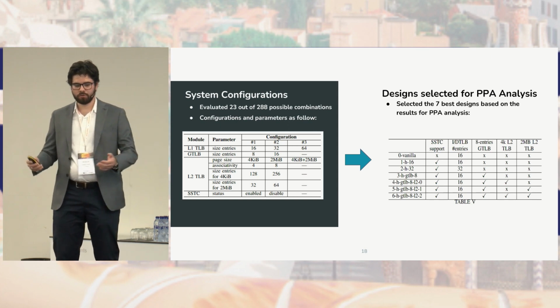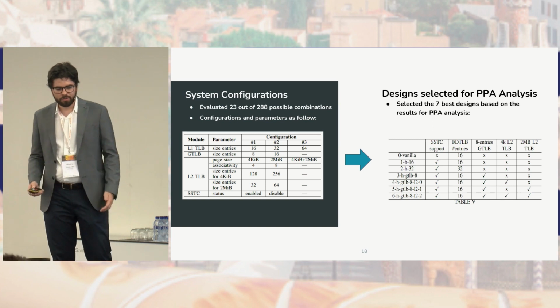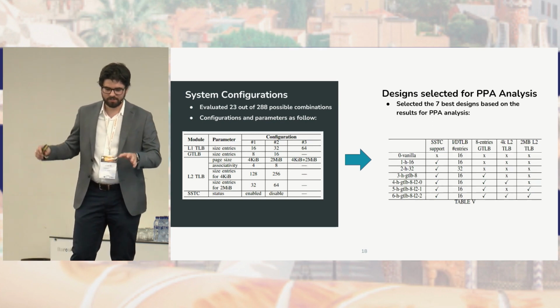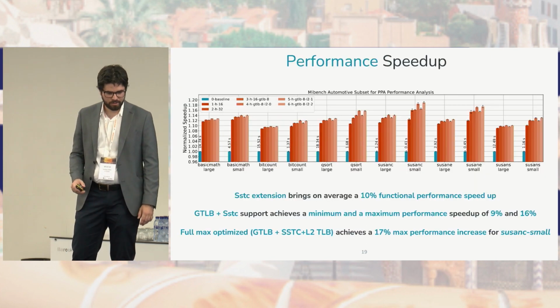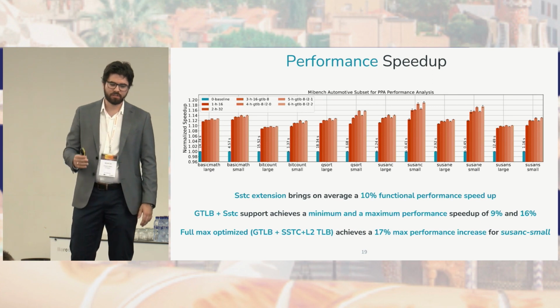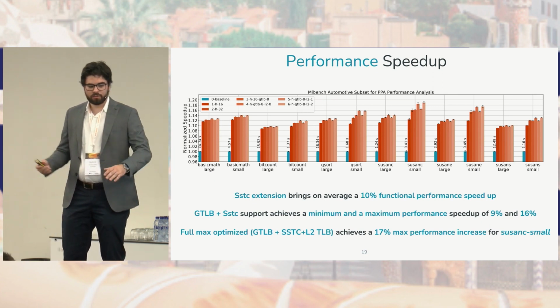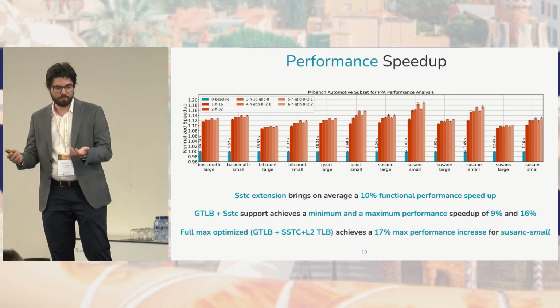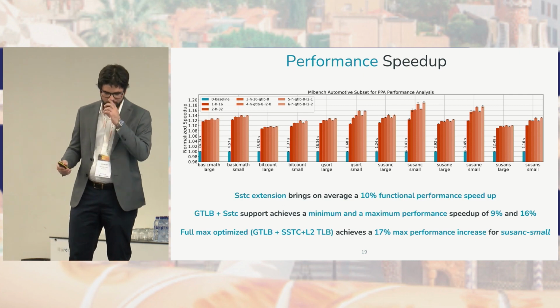Then we wanted to do a PPA analysis and see what's the impact in real hardware. So we chose the best ones, that have the best performance speedup. This is what you get in terms of results. What you see in blue is actually the baseline without optimizations. We found out that adding this timer extension causes a 10% increase in performance speedup.